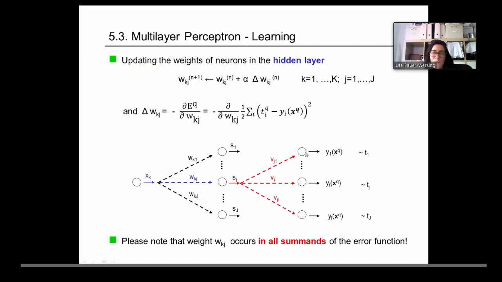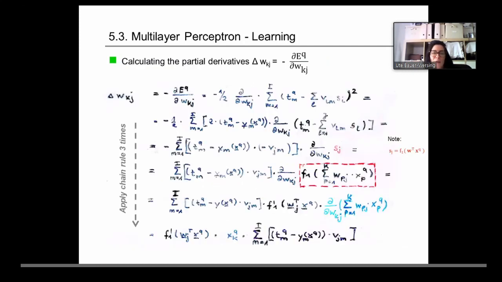You see it? It's part of the calculation of all the outputs, so it occurs in all summands of this sum here. So what we can expect is that the partial derivative for the weights of the neurons in the hidden layer is going to be a bit more complicated. And this is how we do it.